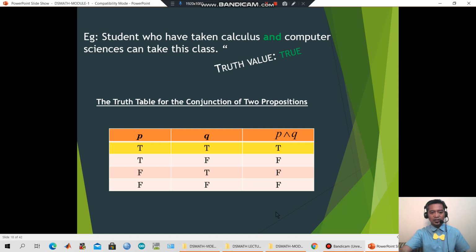Isipin na lang natin yung T ay 1. Ang F, 0. Tapos gamitin natin multiplication. 1 times 1, 1. Kapag nagkaroon ka ng 0 sa combination, automatically, pag multiply ka ng 0, 0. 1 times 0, 0, which is F. 0 times 1, that's 0. 0 times 0, of course, 0. So, ganun lang po siya.